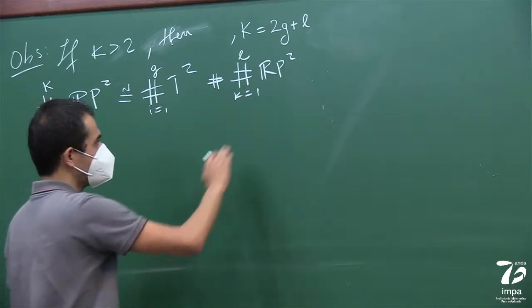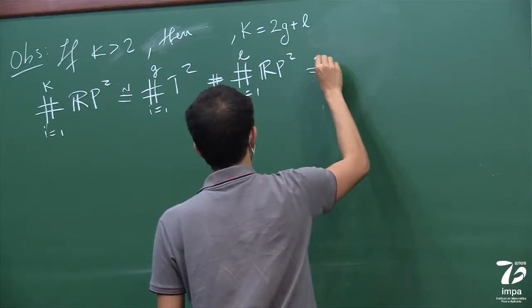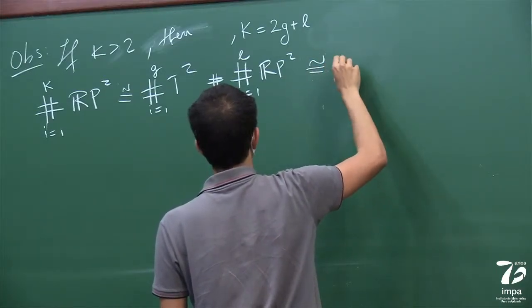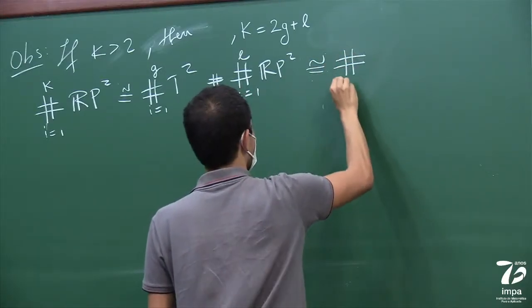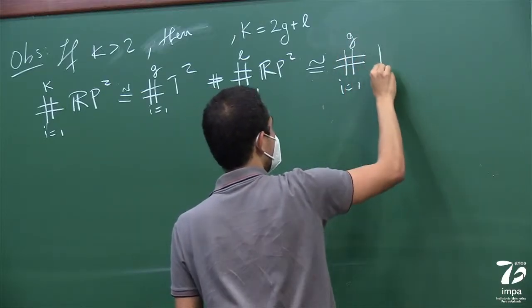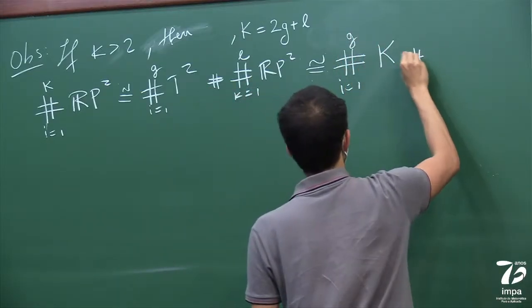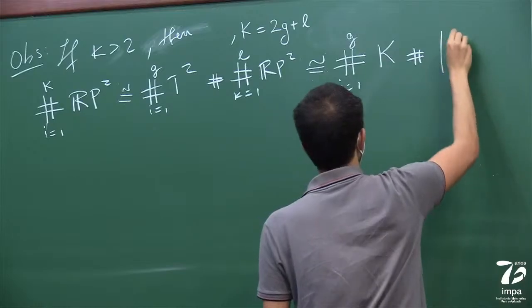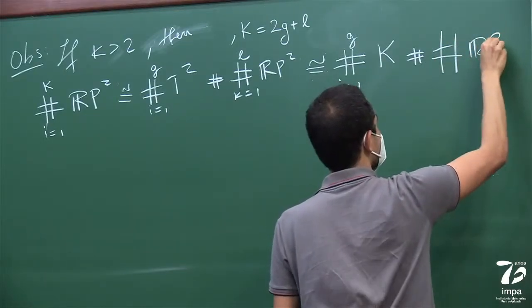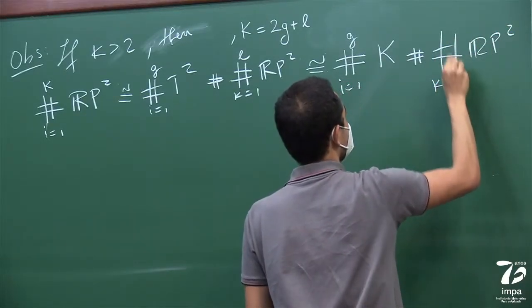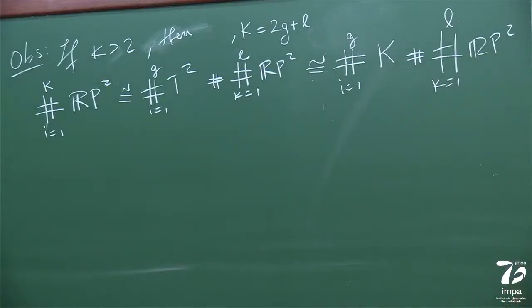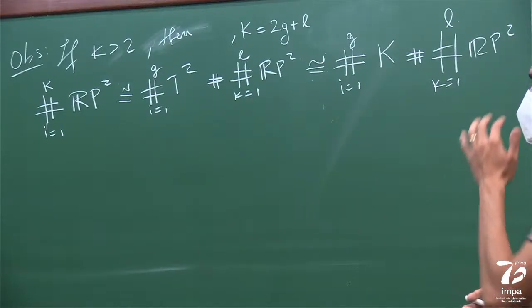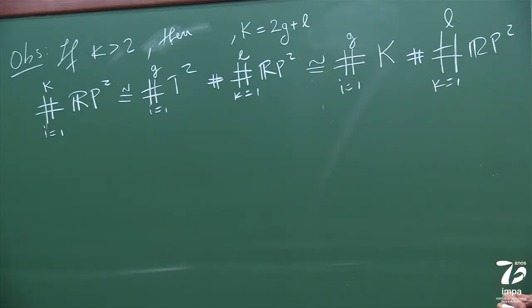And this is also, if you want, diffeomorphic to the connected sum of G Klein bottles with L RP2s. So basically every two RP2s together is a Klein bottle. And actually that's true for any K, even for K equals 2.